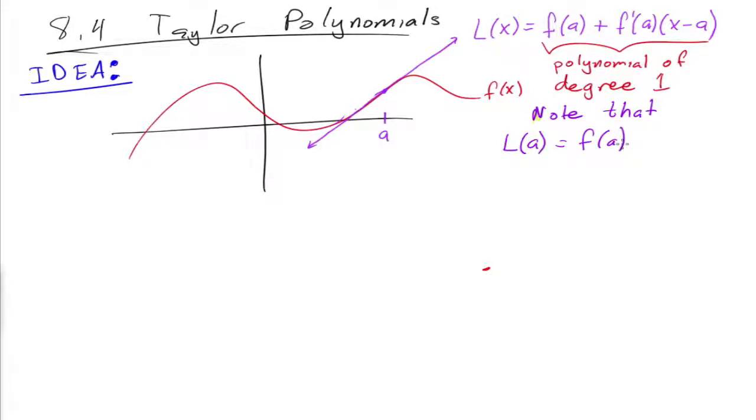Do you agree with that? Do you also agree that the first derivative of the line is equal to the first derivative of the function? Because the derivative of the function is equal to the slope of that line, since they came from the same place. That's the equation of the tangent line, so the derivatives have to equal each other.